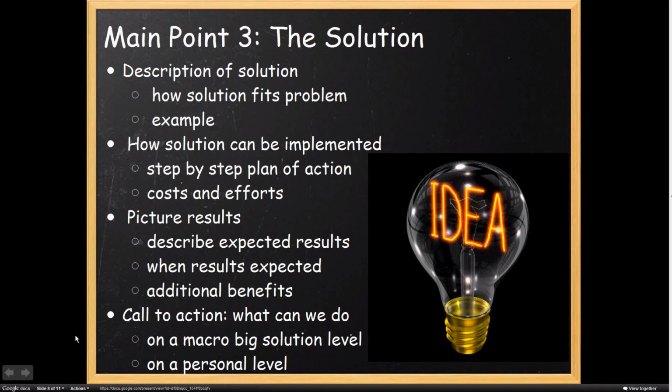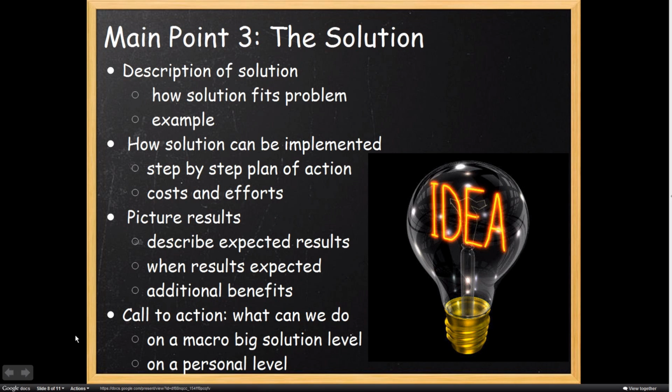Once you've done that, you need to picture the results for this. This means that you need to tell us what would happen, theoretically, if your plan was to be put into action. So some of the ways that you can do this is to describe what would happen after the fact, and you need to give us a timeline or a bright line as to when your audience could expect to see those things come into place.